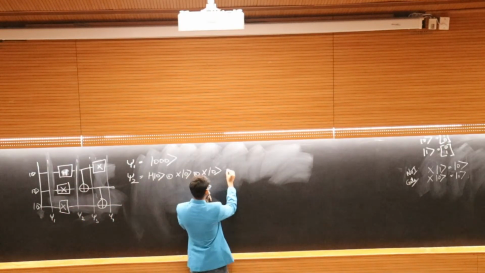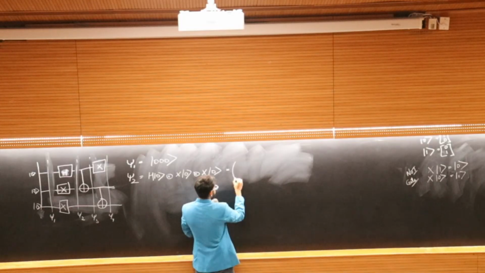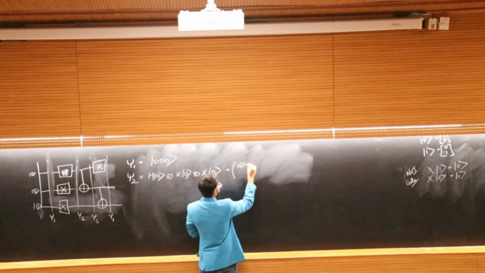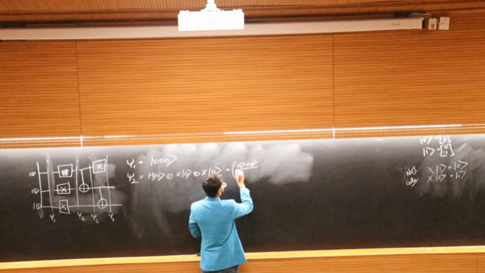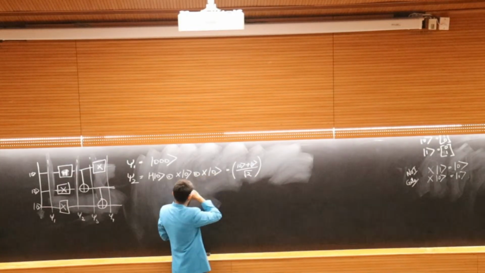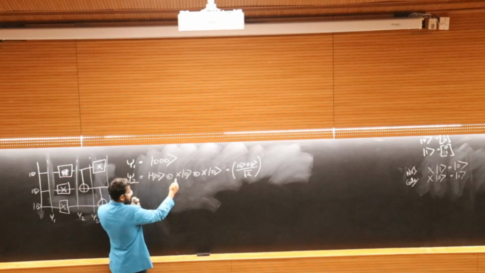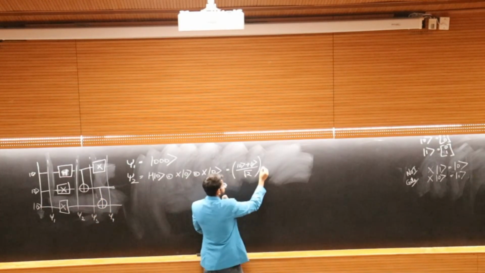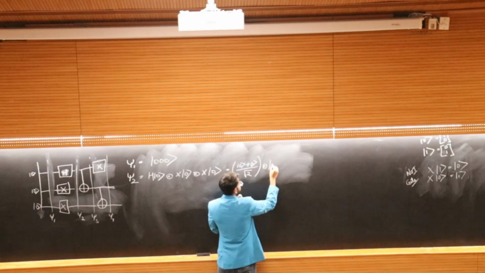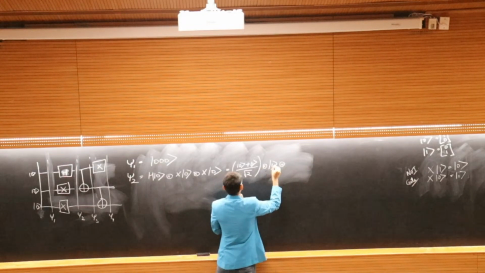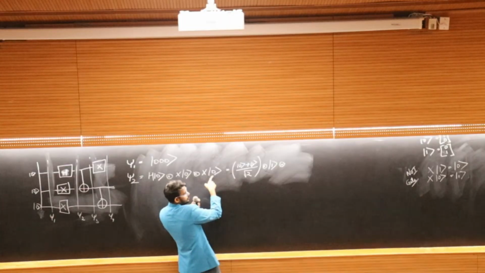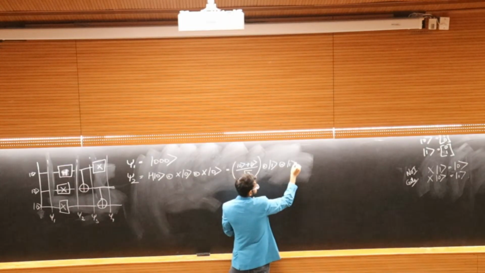If you expand this, if you apply Hadamard on 0, it will be 0 plus 1 by root 2. If you apply an X gate on 0, it will be 1, and if you apply X gate on 0 again, it will be 1.